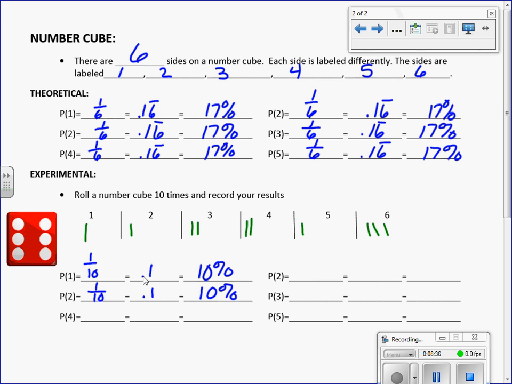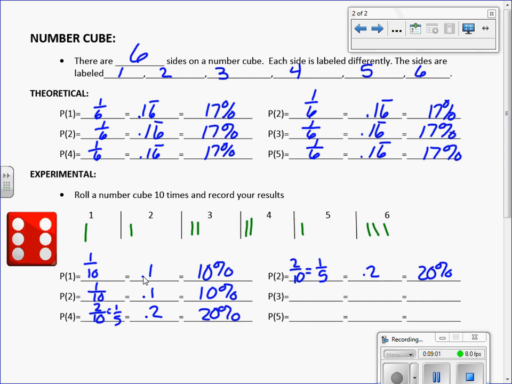For 3, I got that 2 out of 10 times, which was a 0.2, which was 20%. 2/10 should be reduced to 1/5. For 4, 2 out of 10, which reduces to 1 out of 5, which was a 0.2, 20%.